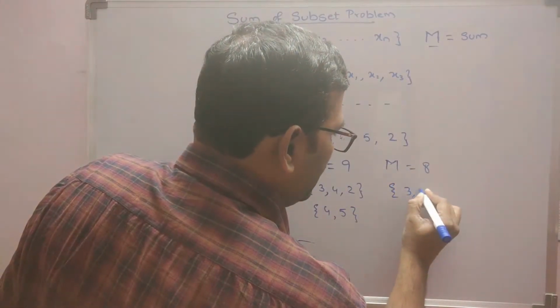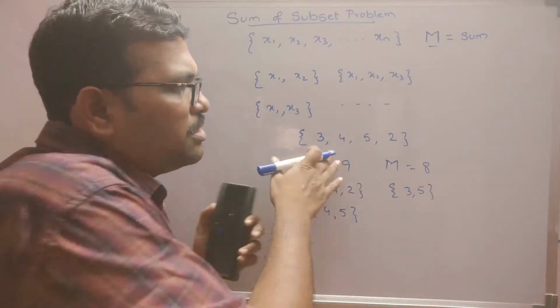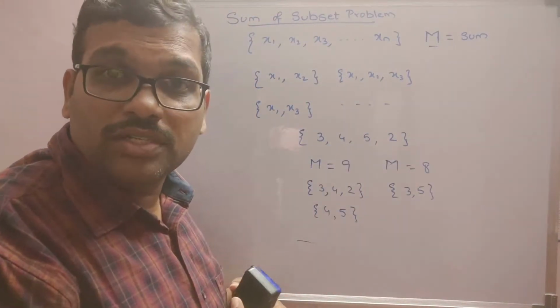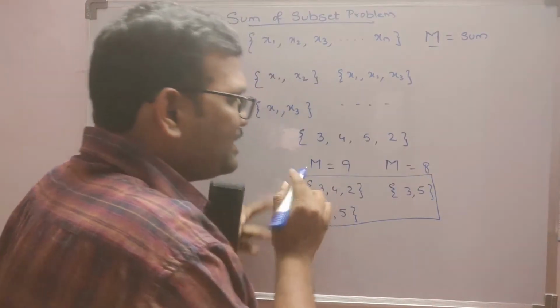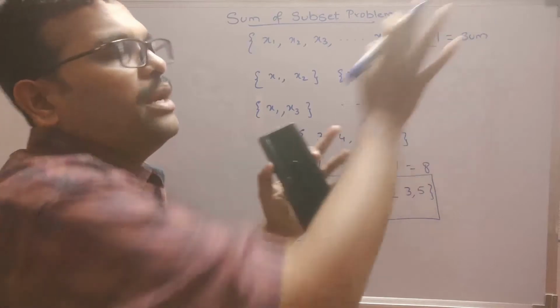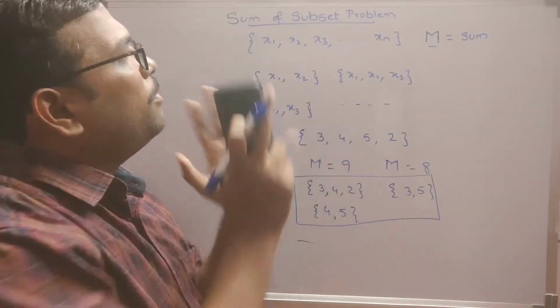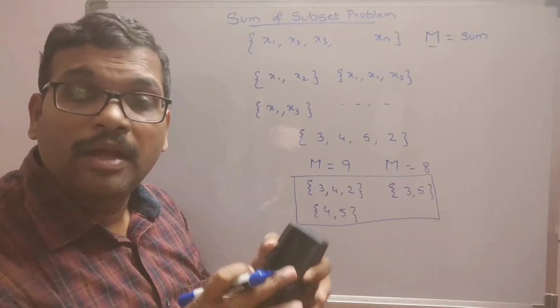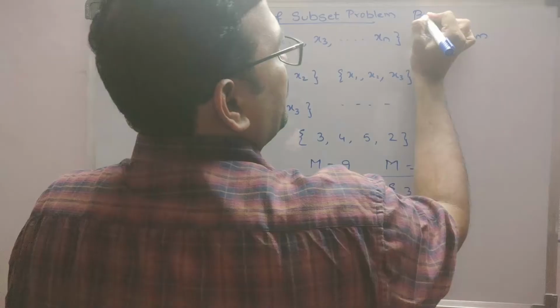So it will be 3 comma 5. Any other solutions? No, there is no solution. So finding these subsets where the sum is equal to the given total is the sum of subset problem, and this will be implemented with the help of backtracking.